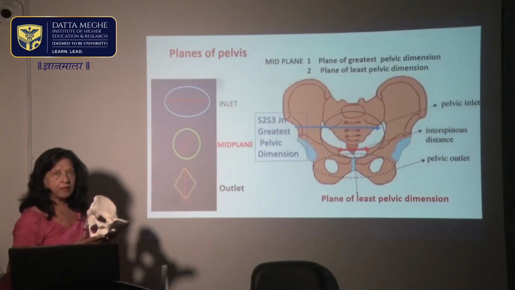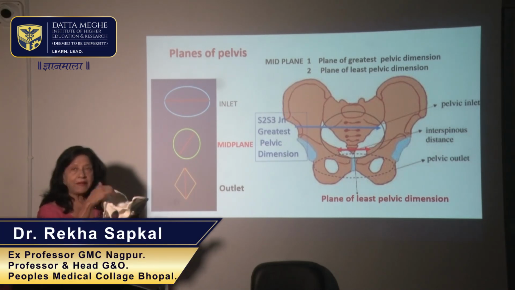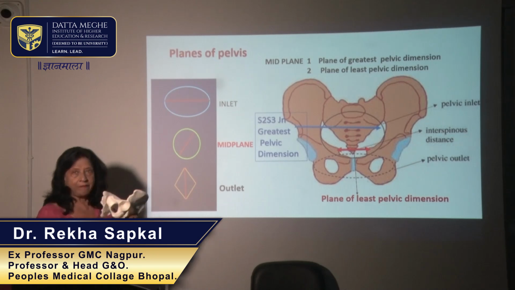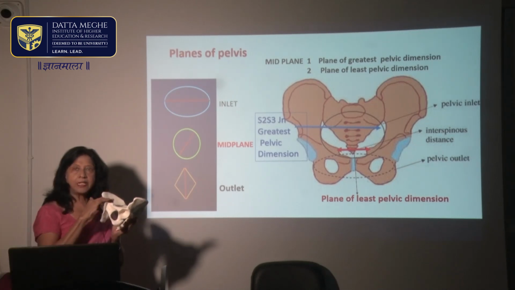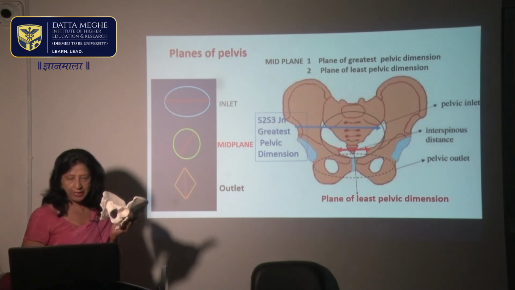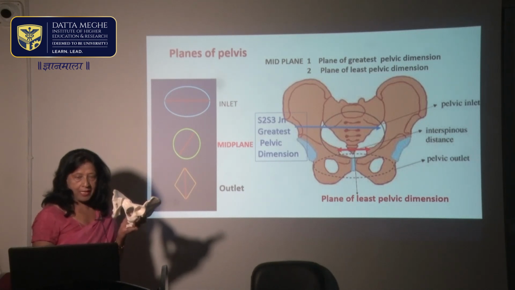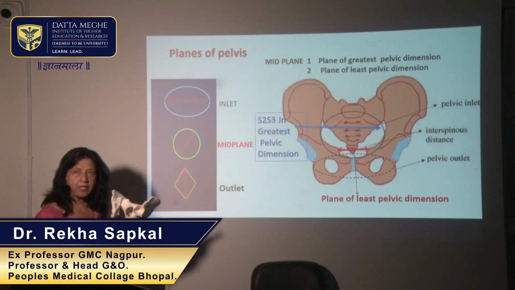The pelvis is also described as pelvic cavity, pelvic inlet, pelvic outlet. We have learned there are two imaginary planes, the plane of greatest pelvic dimension and the plane of least pelvic dimension. They form the pelvic cavity. So, broadly there is inlet, there is mid plane and there is outlet. Why are we using these three terms?